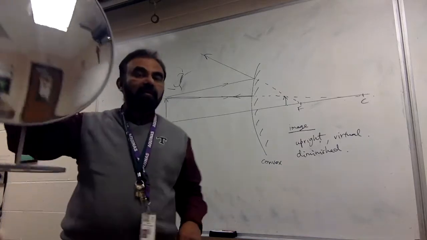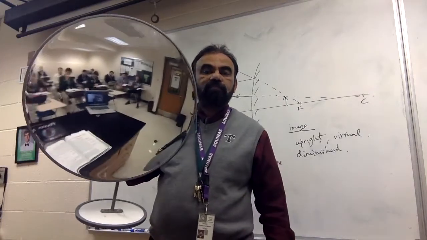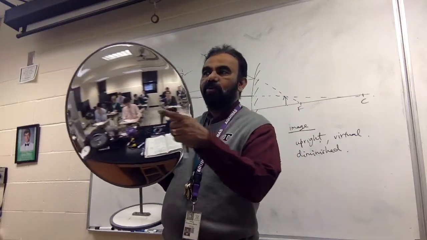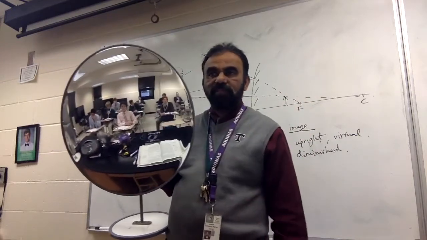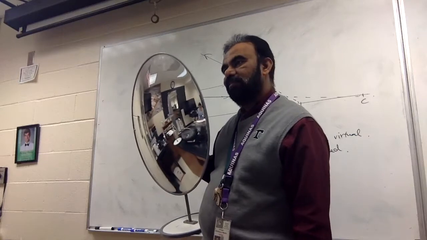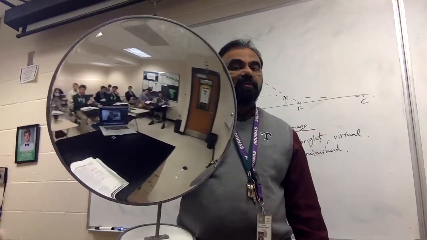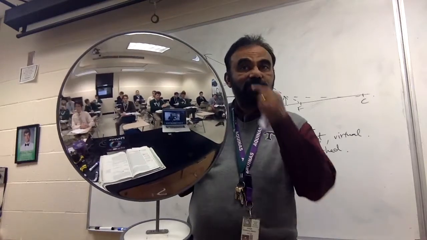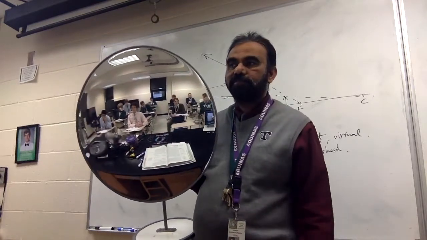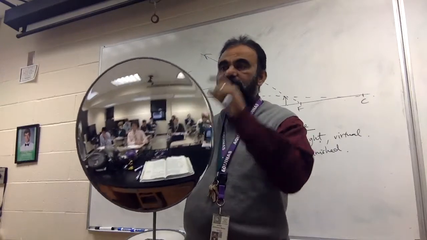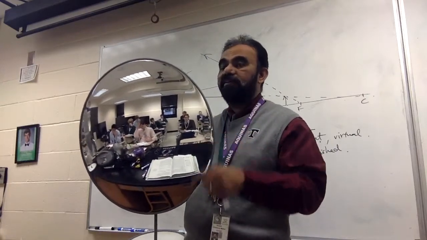You can be wherever you are. Wherever you are, you're going to see a smaller image of you, right? You will see a small image of you, and you are upright, which means it's virtual. Okay, so your virtual image is what you see from there, diminished.